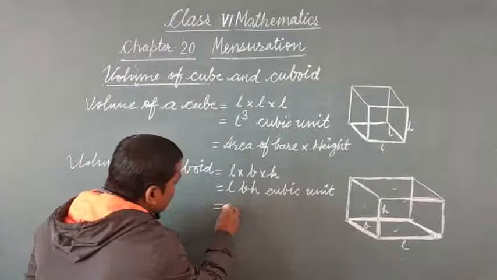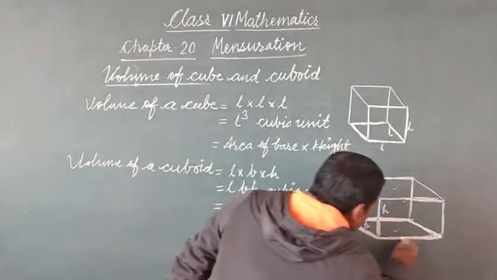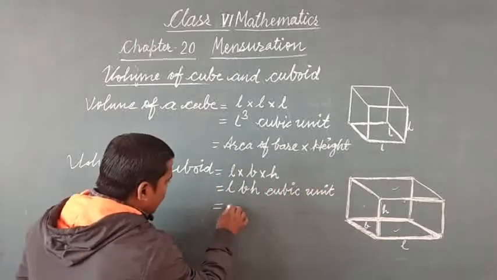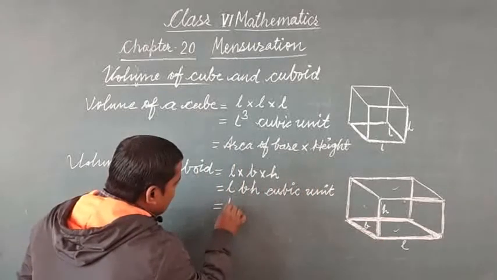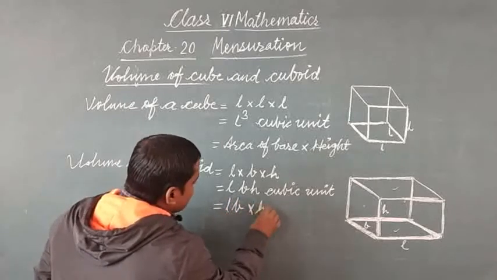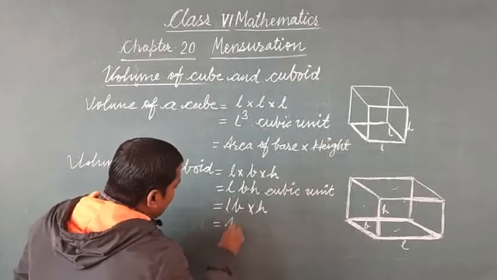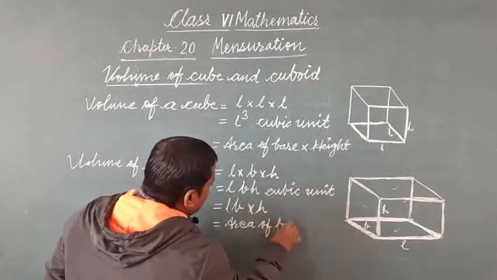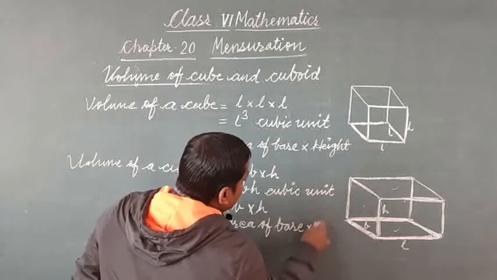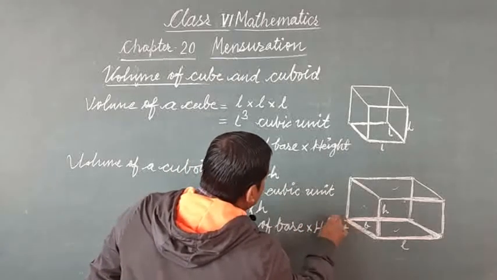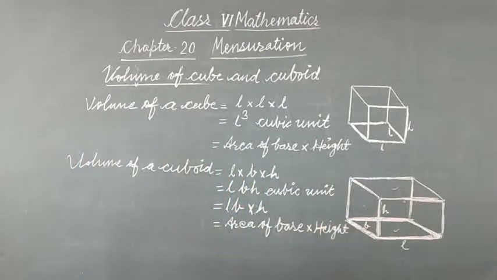Now this can also be written, you see, length and breadth. So area, you can write it L B into H. So area of base into height to get the volume of a cuboid.